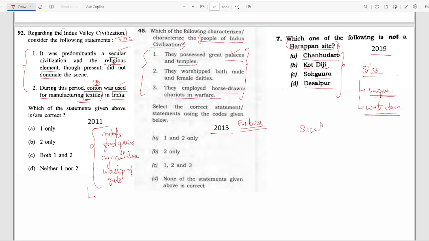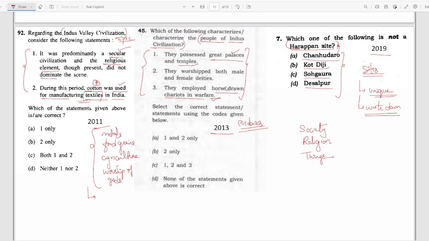Society, religion, any particular things that were used. For example, in this case they had asked about horse-drawn chariots, whether cotton was used.